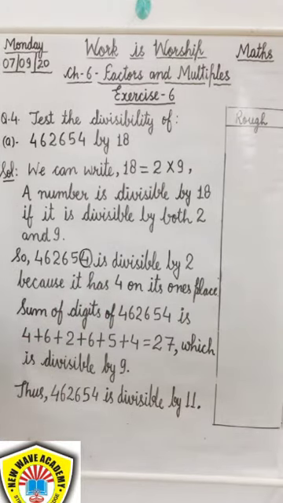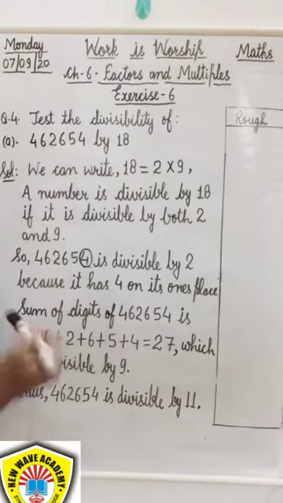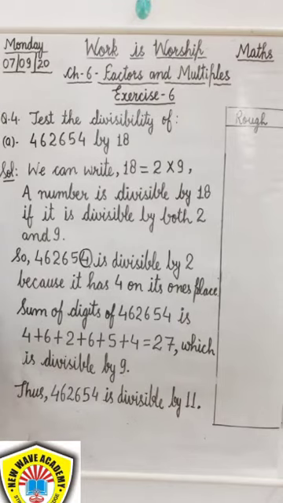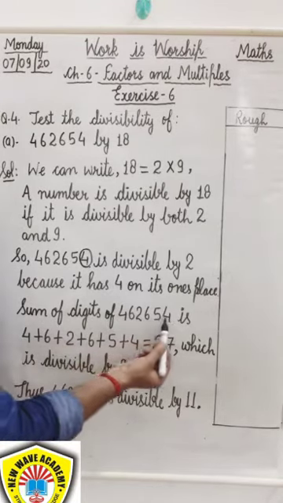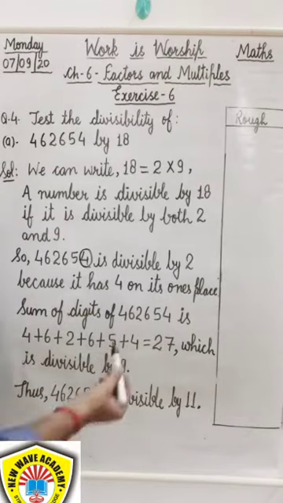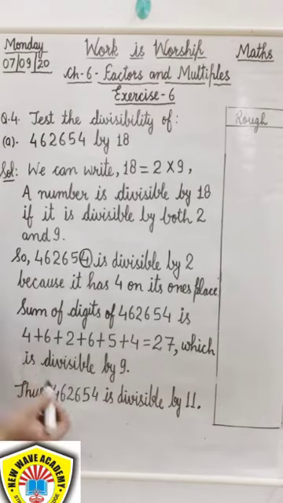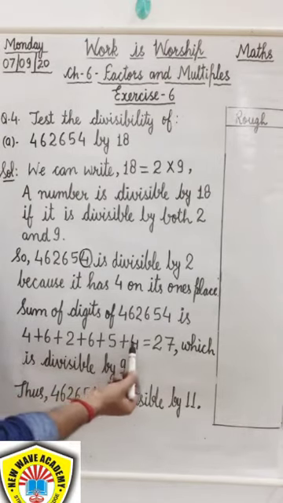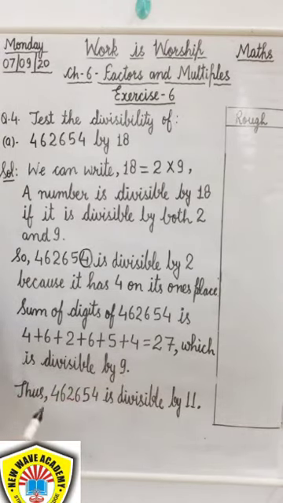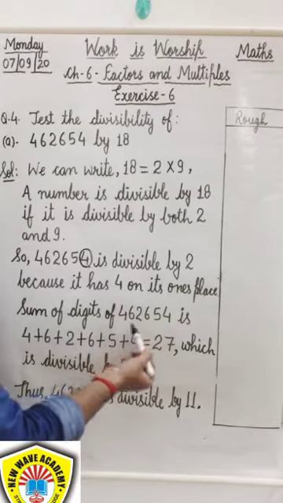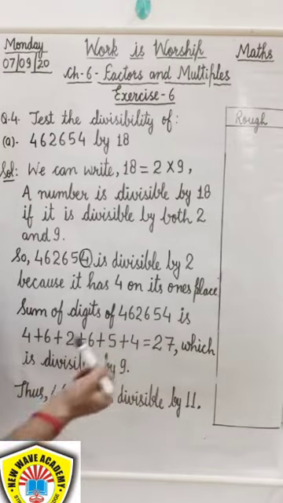Now we have to check the divisibility of this number by 9. हम 9 से डिविजिबिलिटी चेक करेंगे. सो 9 से डिविजिबिलिटी चेक करने के लिए हम क्या करते हैं, we have to find the sum of all the digits of this number. हमें इस नंबर की सारी डिजिट्स का क्या करना होगा, सम करना होगा. So the sum of all the digits of this number is 27. जब हमने इसकी सारी डिजिट्स का सम किया तो हमें क्या मिला, 27.